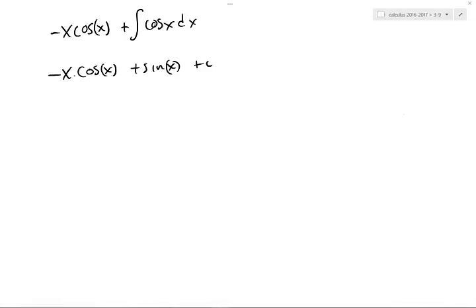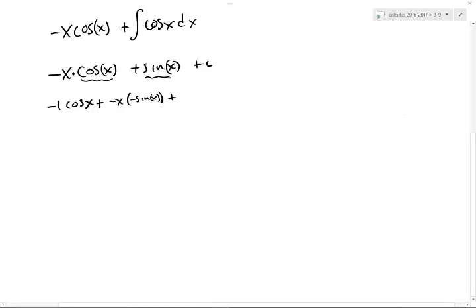Now, this is a product rule right here, the first one, isn't it? So it's the derivative of the first. What is the derivative of negative x? Negative 1, cosine of x. You see this? Plus the first, so negative x, times the derivative of this. What's the derivative of cosine? Negative sine. Thank you.